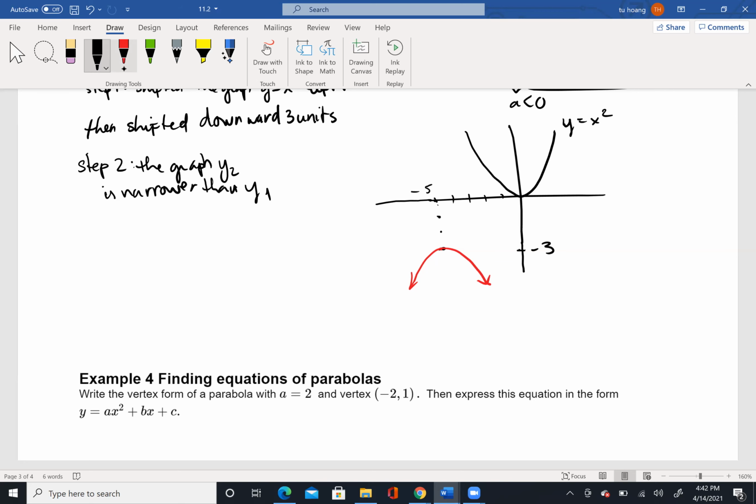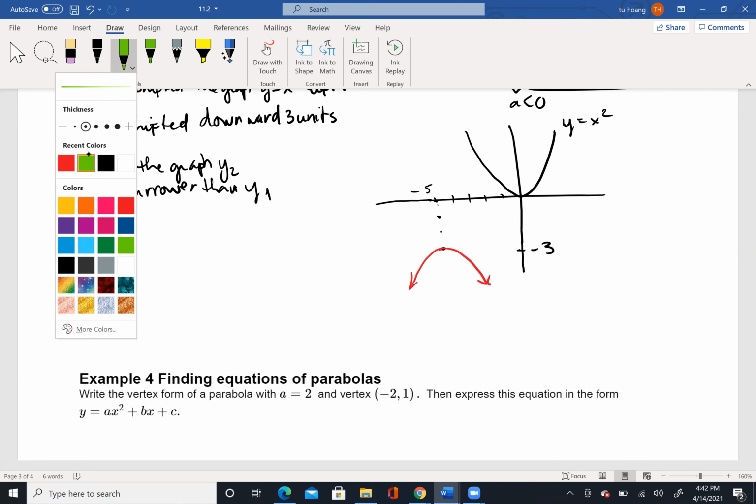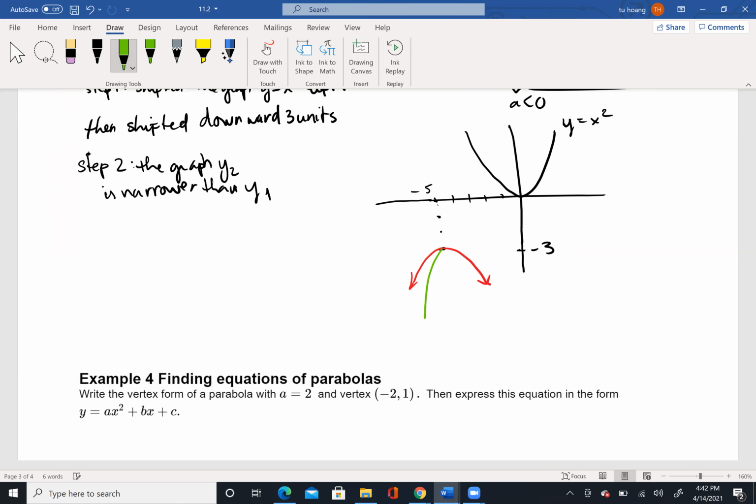So you need to make it narrower. So narrower. Okay.